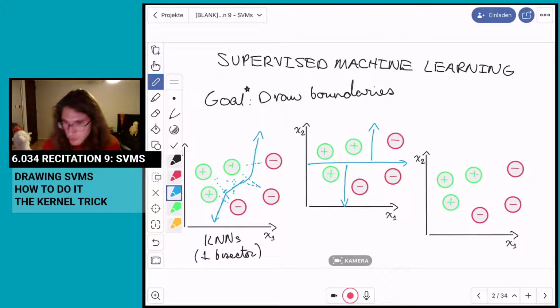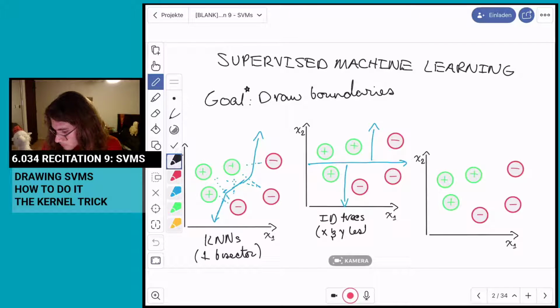So I've already given away, this is ID trees. And they are either x1 and x2 tests, or I'm going to say x and y tests. And by that I mean we're testing individual features and drawing boundaries based on those.